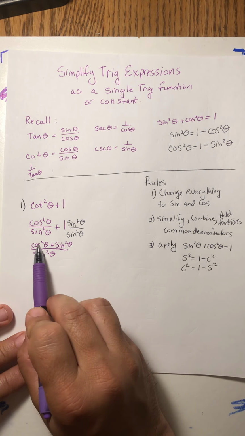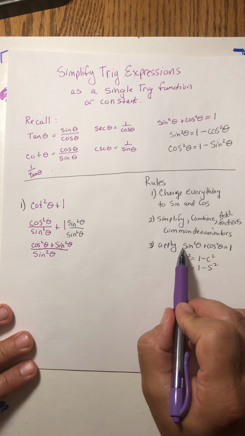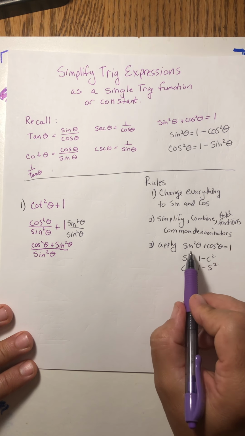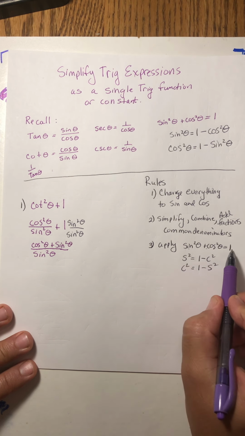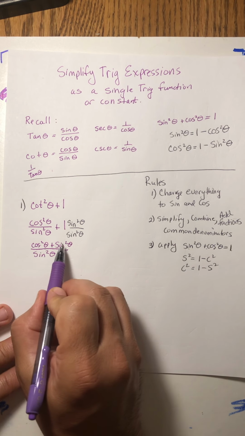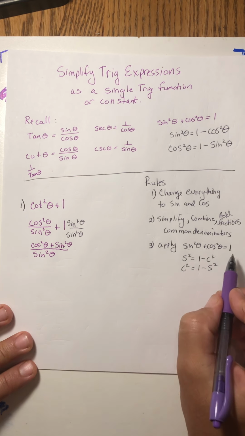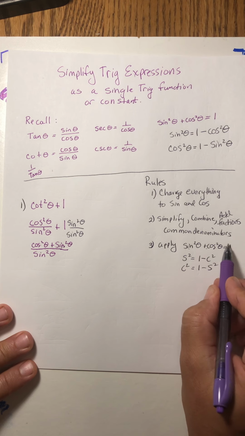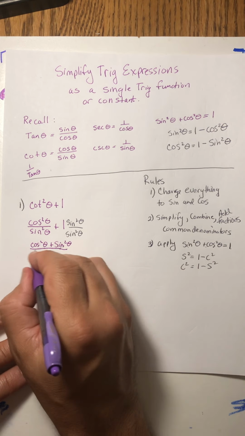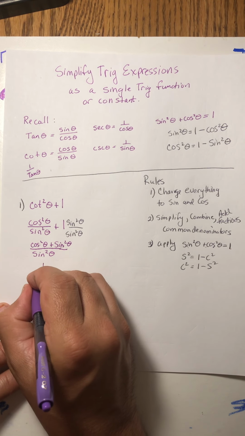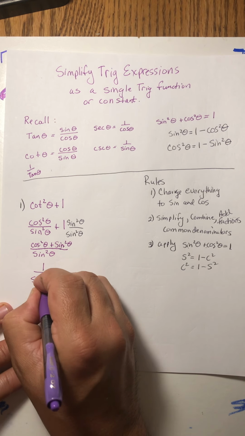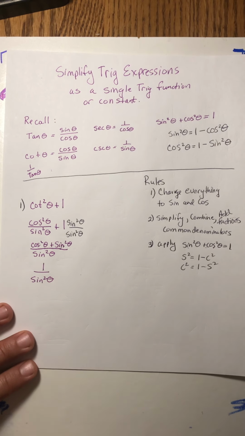I can't combine these, but rule number 3 says apply this. Well, what do we know? Sine squared plus cosine squared equals 1. Well, cosine squared plus sine squared, what is that equal to? It's right here. It's equal to 1. So this entire top is 1 over sine squared of theta.